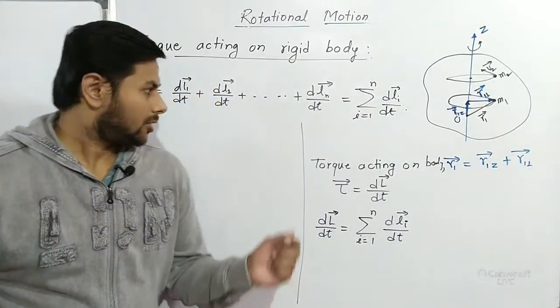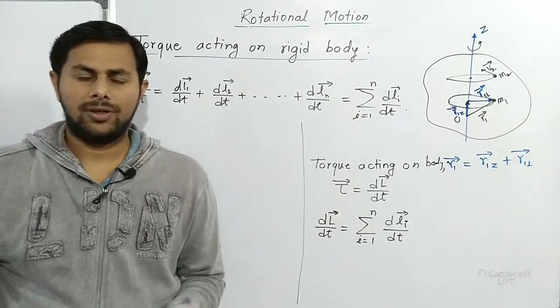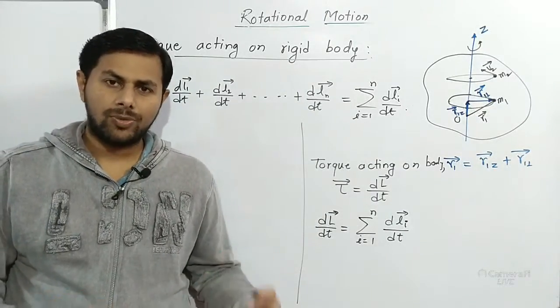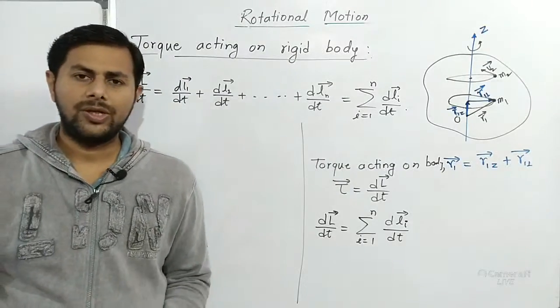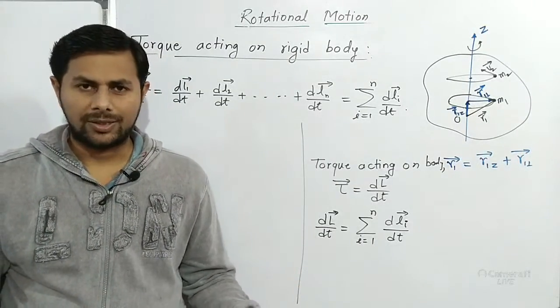Now what is this thing? The rate of change of angular momentum with respect to time for the first particle is the torque acting on the first particle.